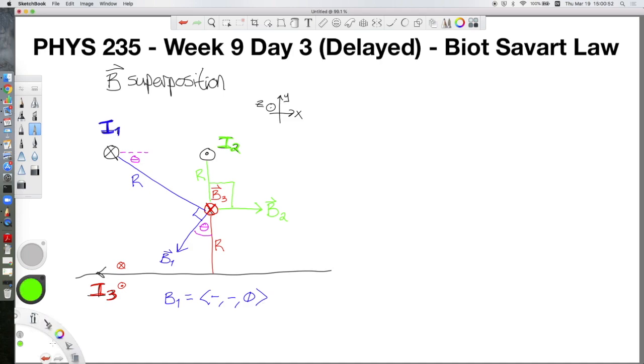We could say that B2 will have a positive x component, 0 y component, and 0 z component. And we can say that B3 will have 0 x component, 0 y component, and a negative z component, since B3 goes into the board, and into the board is the negative z direction.